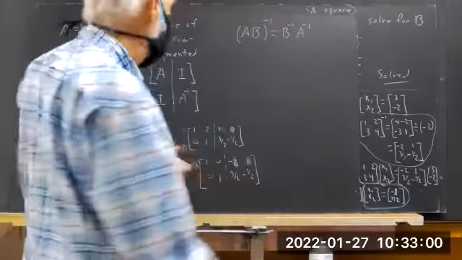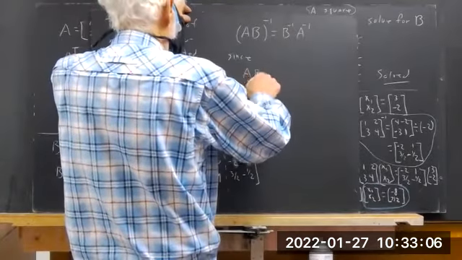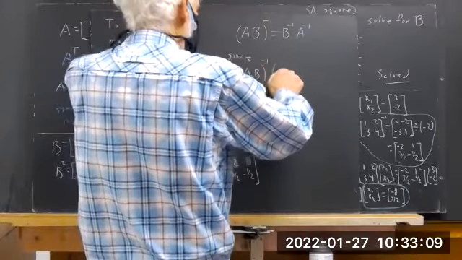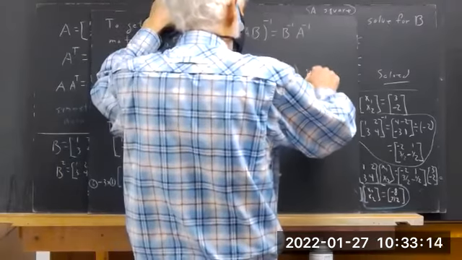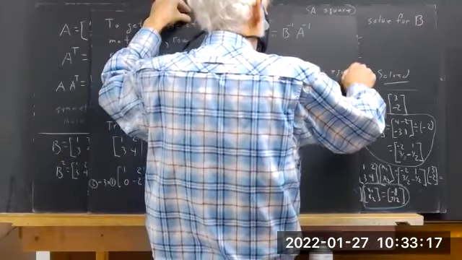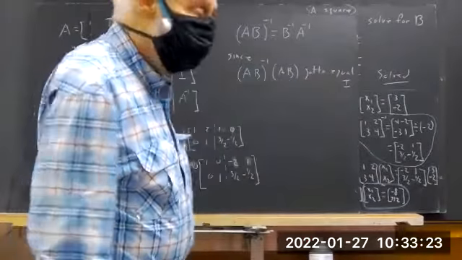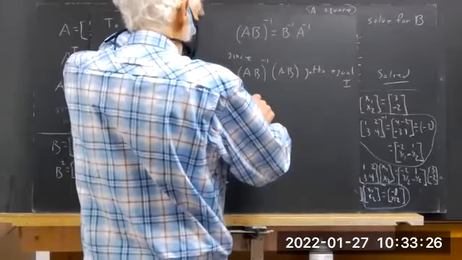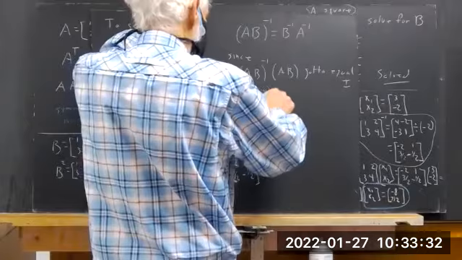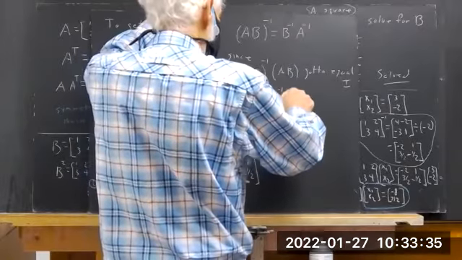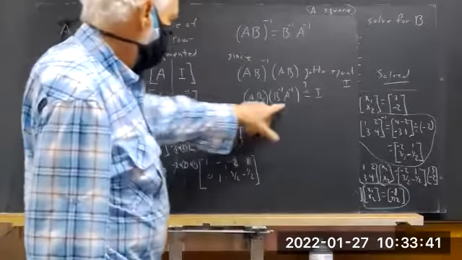This is easy to show. Since this times this has got to equal I, right? Well, question mark, is this times this equal I?